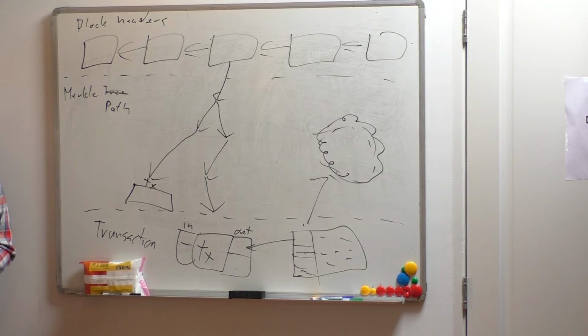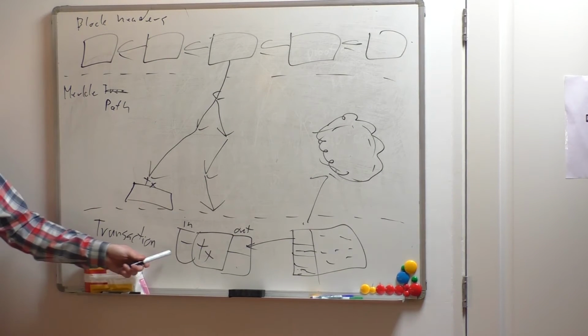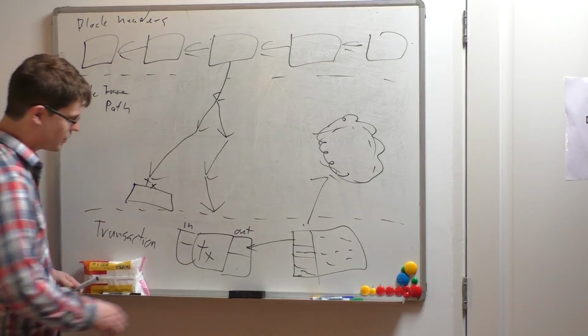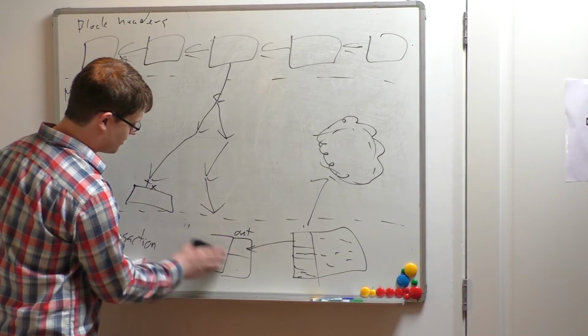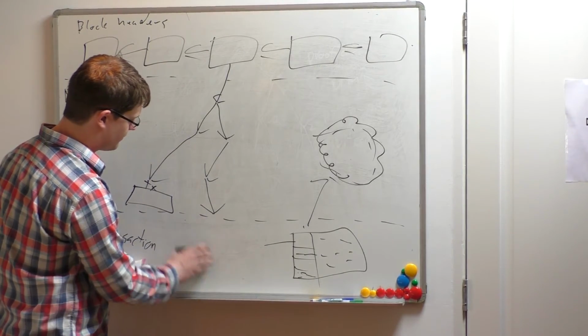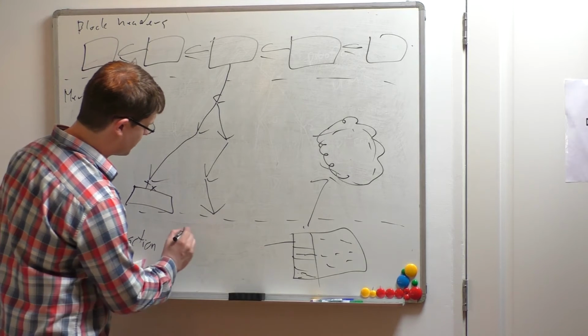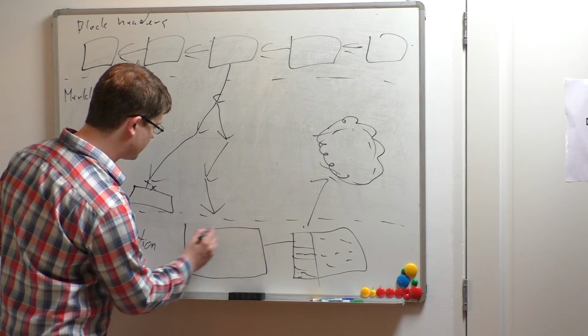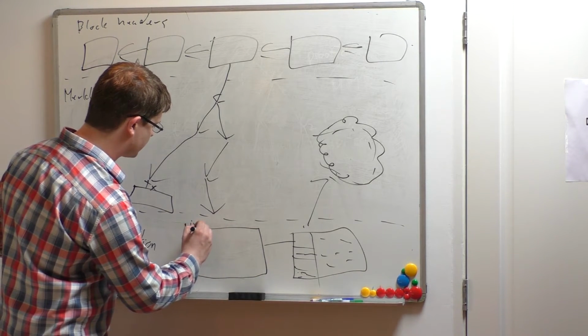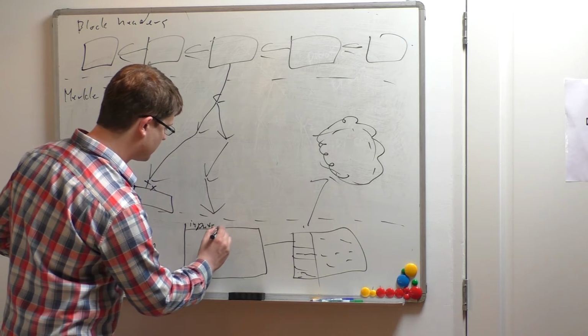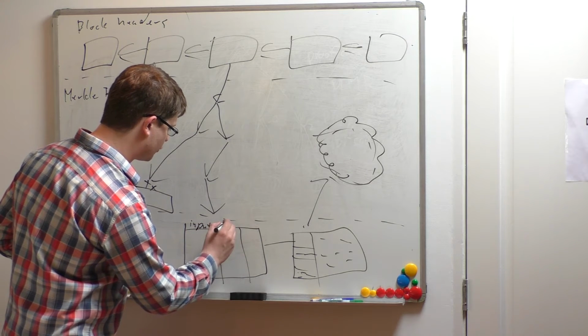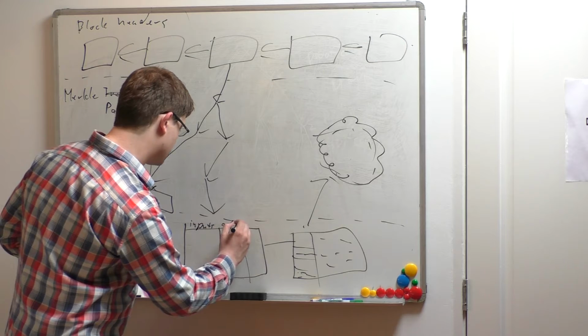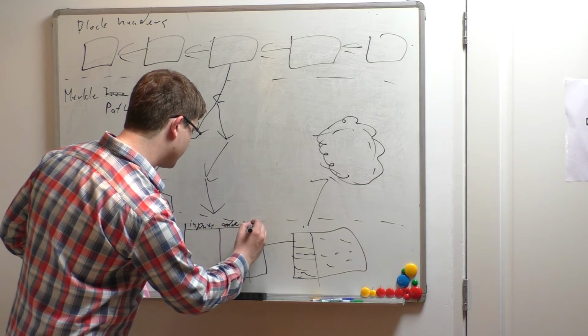Where is that in the picture, the 21 million? Well, let's suppose this transaction: inputs, addresses, and value.